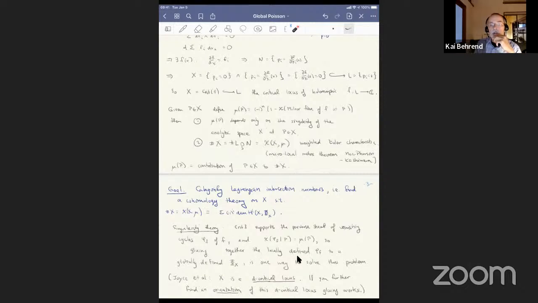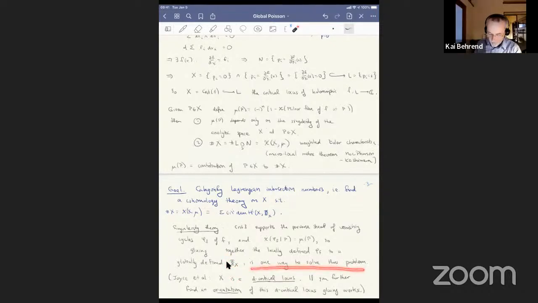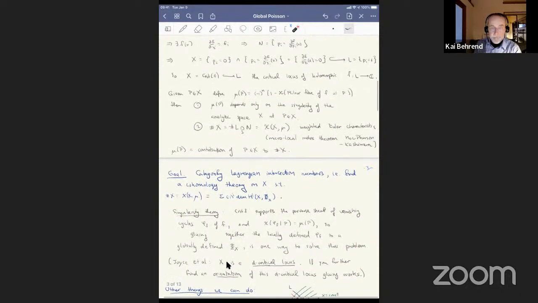So if there was a way to glue together these locally defined perverse sheaves to a globally defined perverse sheaf, capital Phi, on the intersection on all of X, this would be one way to solve this problem of categorification.